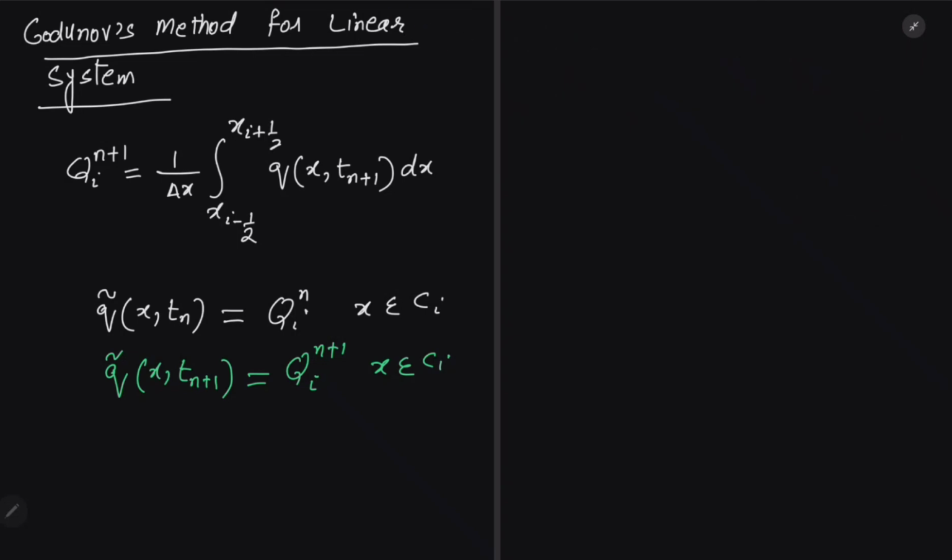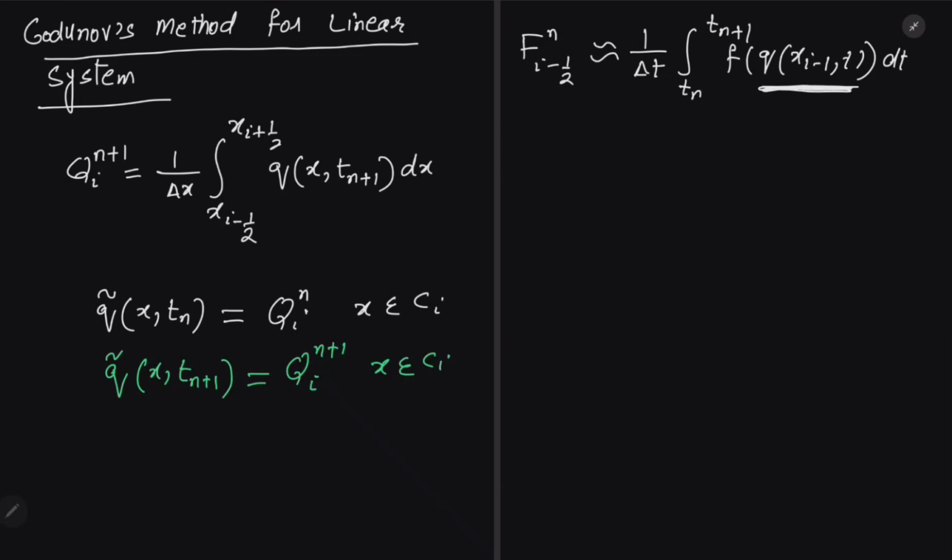We already defined the flux F_{i-1/2}^n by taking the average over delta t, from t^n to t^{n+1}, of f of q(x_{i-1/2}, t) dt. So what does the flux mean? We have to replace this Q with some piecewise constant or polynomial.